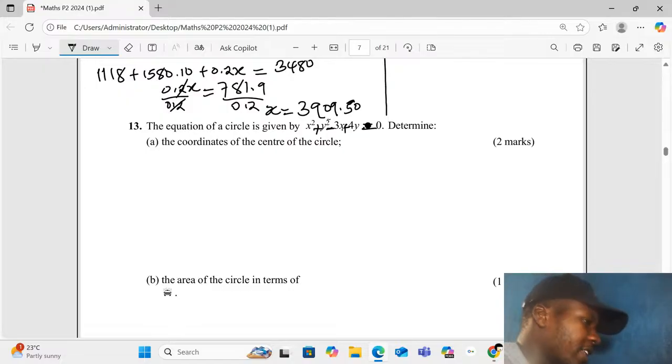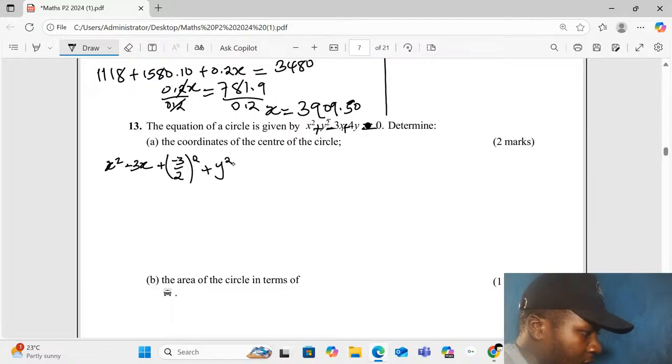Now for you to find that one, this is how you're going to approach this question. You take x squared minus 3x plus, using the perfect square method, minus 3/2 squared, plus y squared plus 4y plus 2 squared, which will be equal to 0.